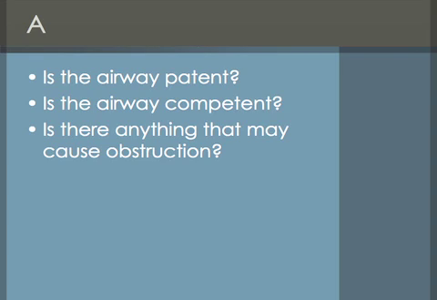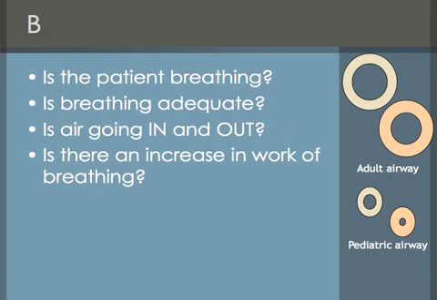So you have many different components that you have to be aware of when assessing a pediatric patient's airway. The next thing you want to look at is their breathing. You want to make sure that the patient, number one, is breathing, and is the breathing adequate. If they are not able to move air both in and out, then their breathing is inadequate.